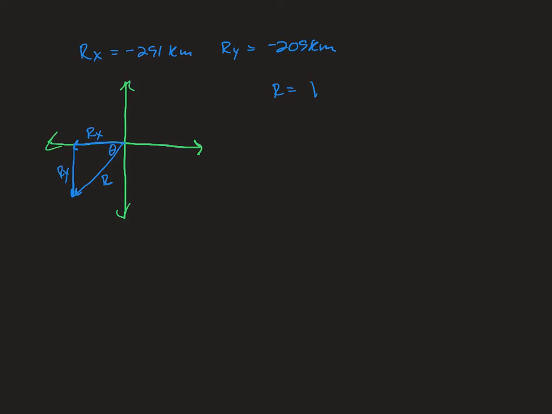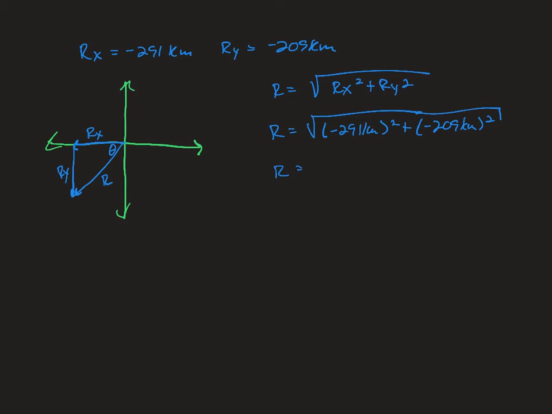So R is going to equal the square root of R of x squared plus R of y squared. And so we get a result of 358 kilometers.